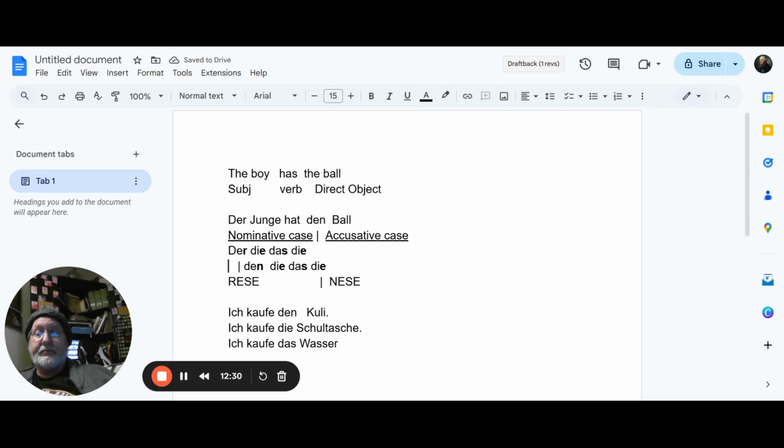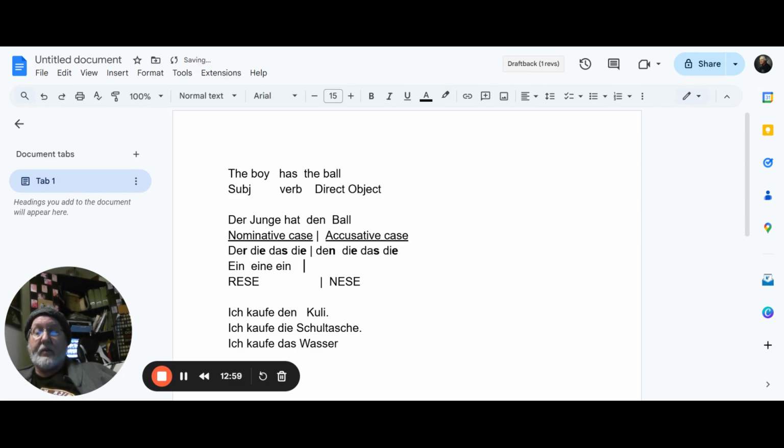let me do this. Put this up here again. All right, now I'm down here. Now, indefinite articles in German is ein for masculine. For feminine, it's eine, ein, and there are no indefinite articles for the plural.